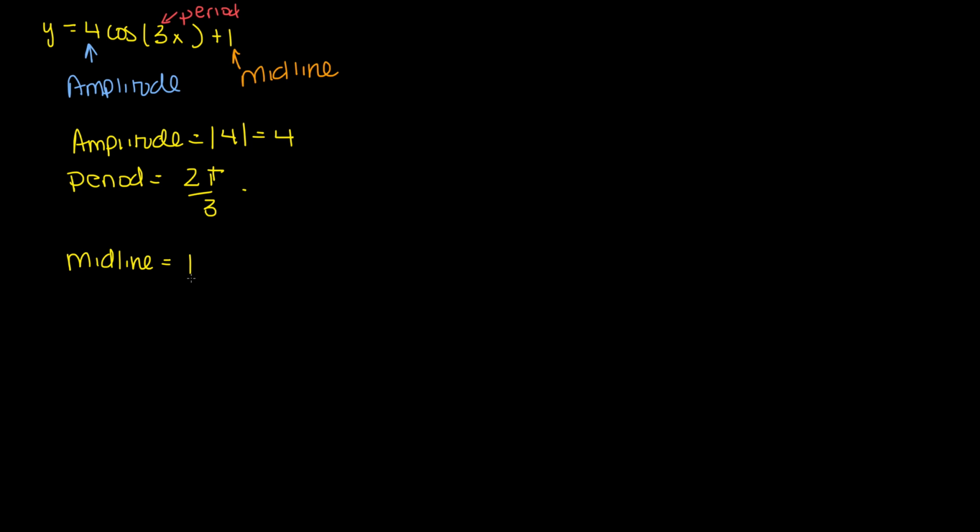In this graph, there's no phase shift. We're not adding anything to x, so it has not been shifted horizontally. In general, this is just an amplitude, period, and midline transformation.